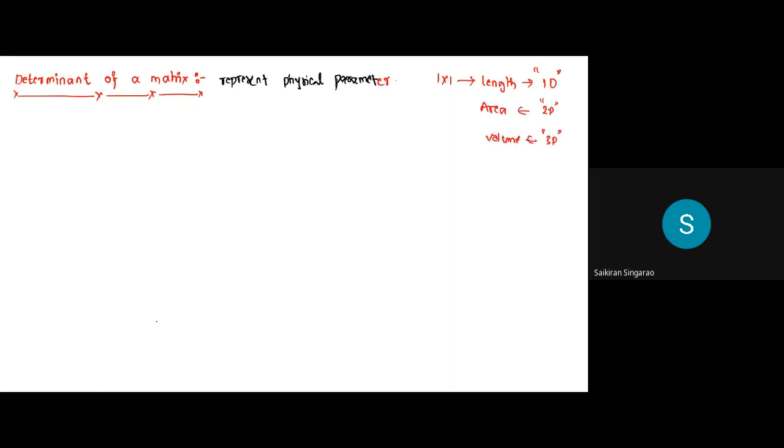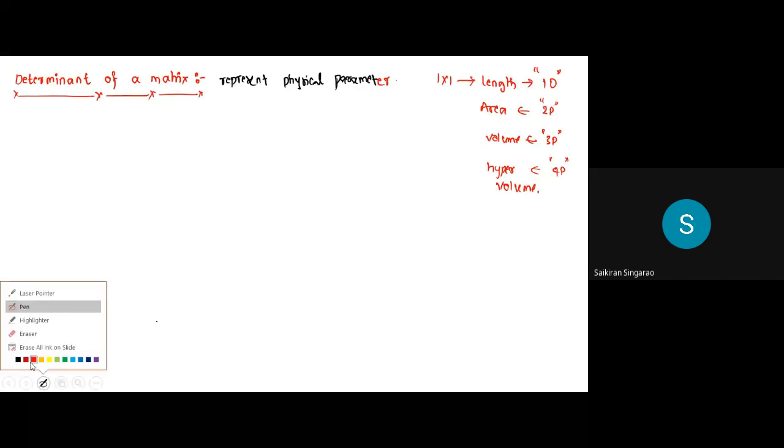If we go to 4D, we don't know how to visualize 4D because we live in a three-dimension system only, but here it is called hypervolume. Now, why I am telling these things is that for understanding certain concepts, it will become very important, sir. Before going into the formal definition, first I want you to understand what this determinant is showing because you will get the significance from there.